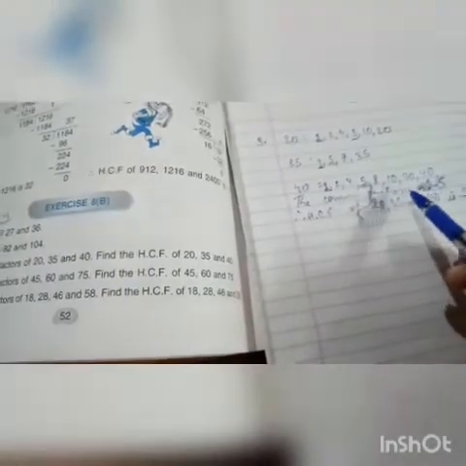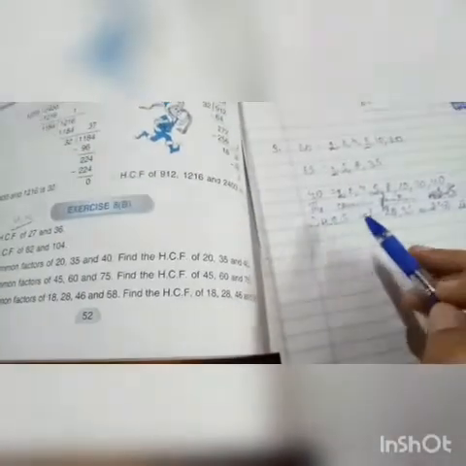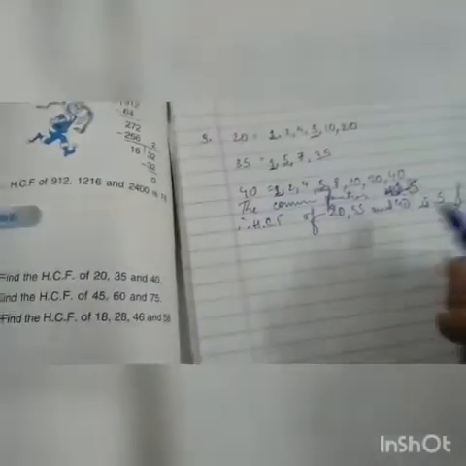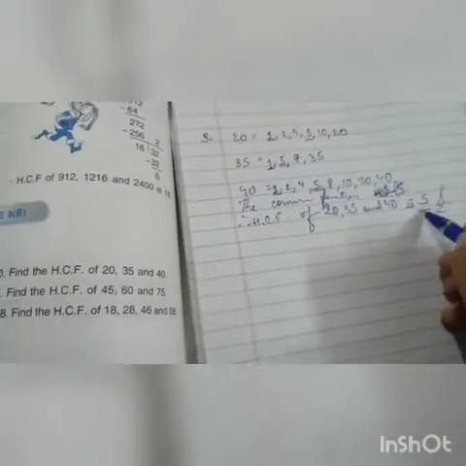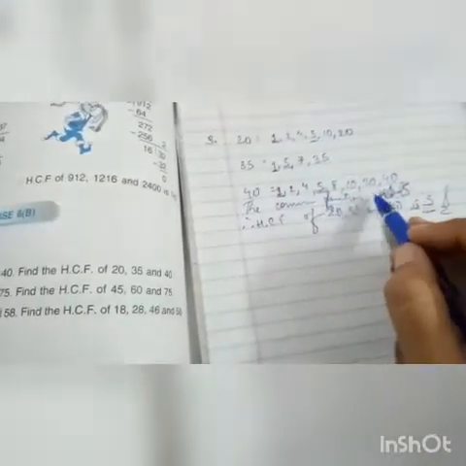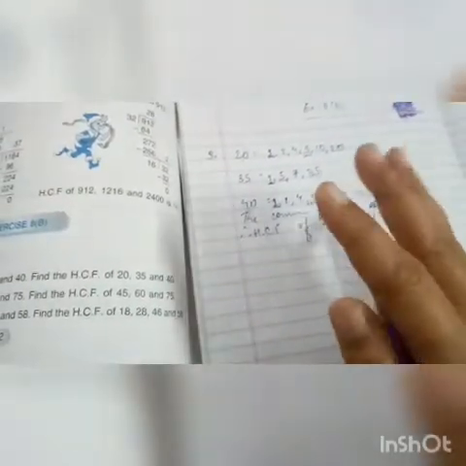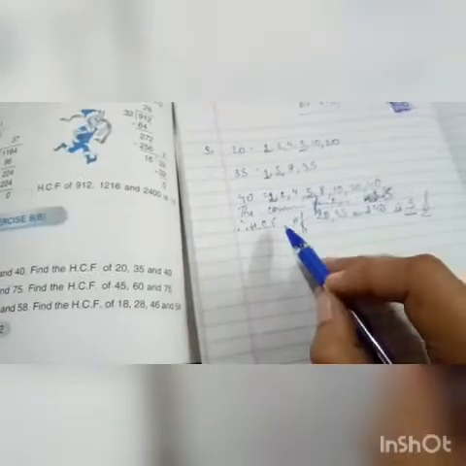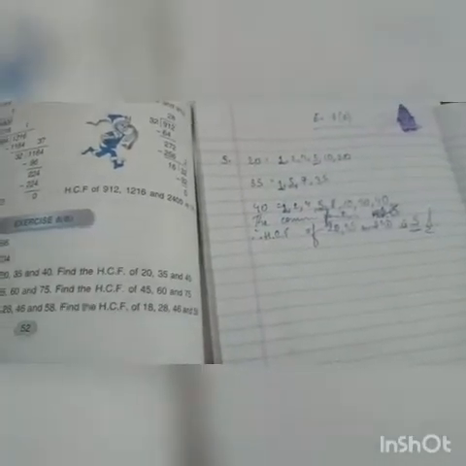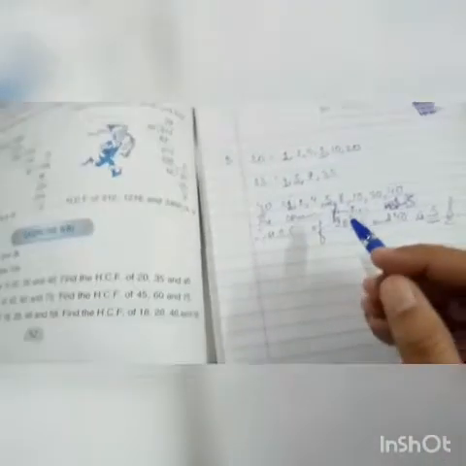So the common factors are this, and the highest common factor of the given numbers is this. So this will become the HCF. Common factors may be 1, 2, 3, 4, but the highest common factor will be only 1, which is highest.